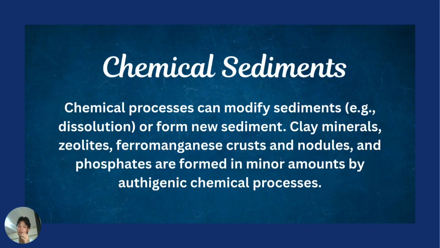These sediments form through chemical reactions within the water column or at the sediment-water interface, often resulting from the slow accumulation of dissolved constituents in the deep ocean, making them distinct from detrital or biogenic sediments.